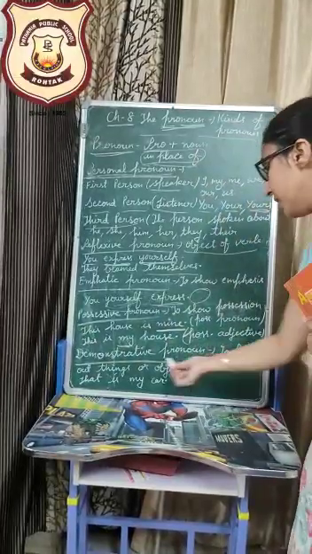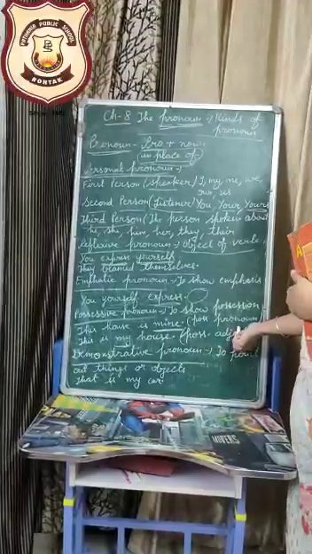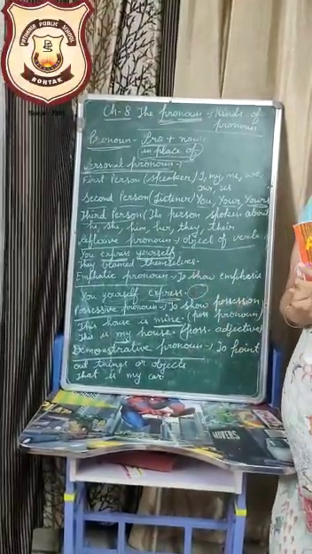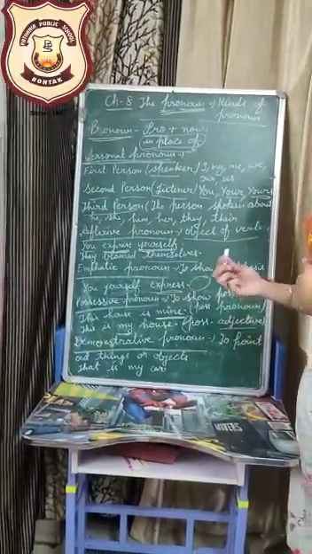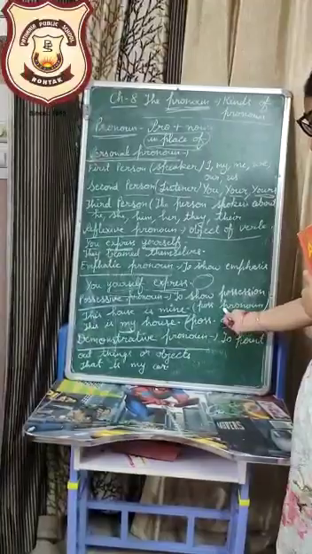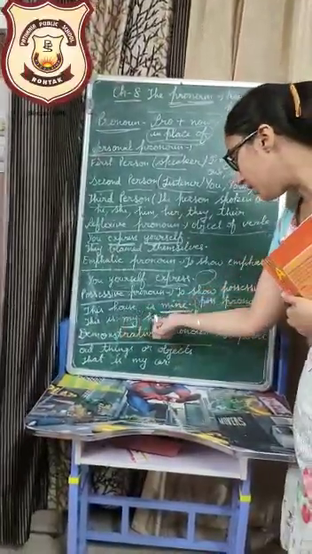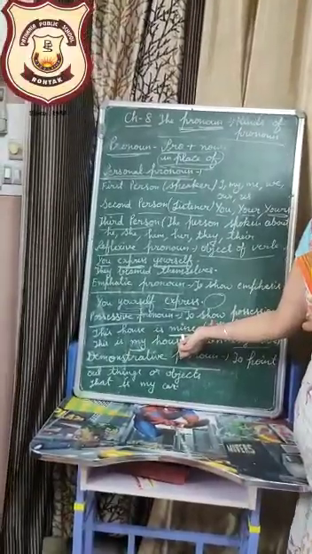It's a possessive adjective and this house is mine. Mine is a possessive pronoun. We can show the possession in two ways, by using it as a pronoun and by using it as an adjective also. So, how can we use it as a pronoun? This house is mine. Now mine is a possessive pronoun.